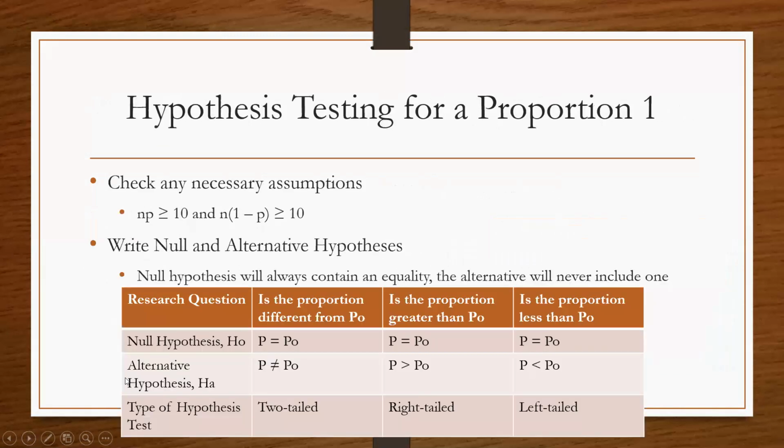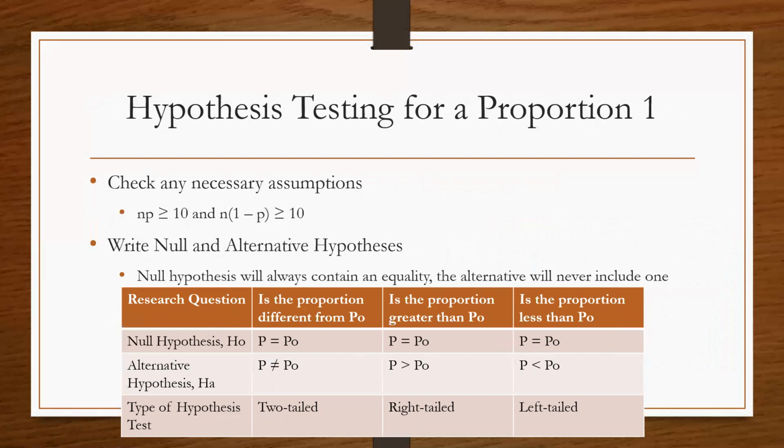So when it comes to hypothesis testing for proportion, first you have to make sure that you meet the basic requirements, which I went over earlier, that n times p is greater than or equal to 10, and n times 1 minus p is also greater than or equal to 10. Then from that, you write your null and alternative hypotheses.